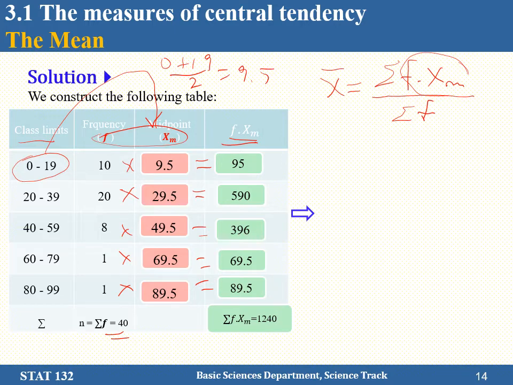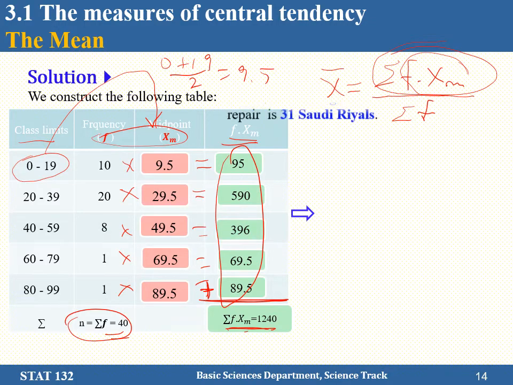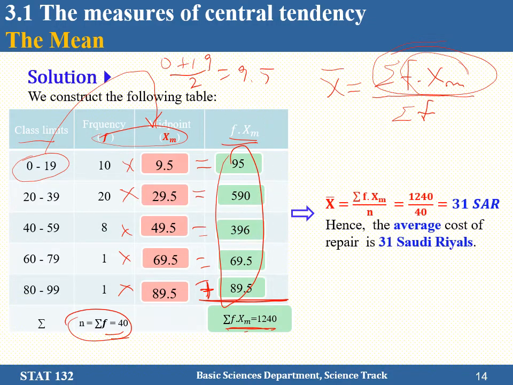And the sum, you add this column, and you will get the numerator, and the denominator is 40. We can substitute them in the formula. So 1,240 divided by 40, which is 31 reals. So it means per circuit, on average, one circuit costs 31 reals.